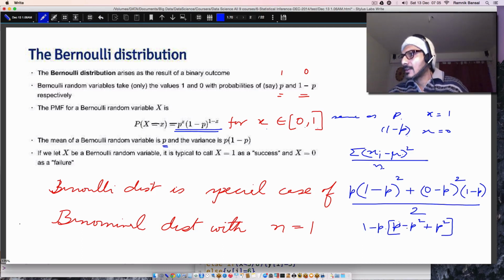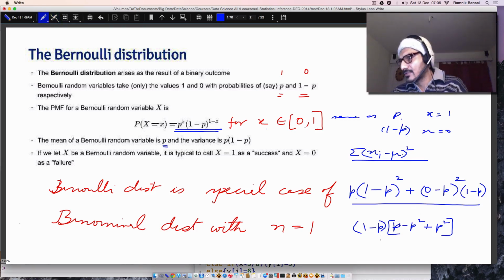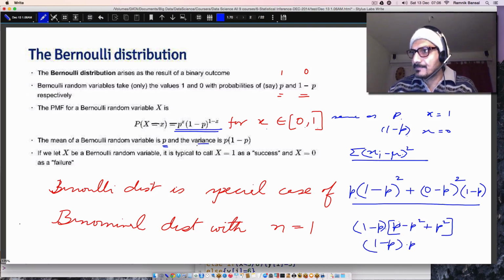This was the expectation of x minus expectation of x the whole square, right? So expectation of x is p. So we're left with 1 minus p into p, correct? So that gives us the variance.